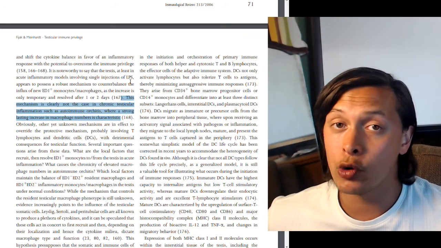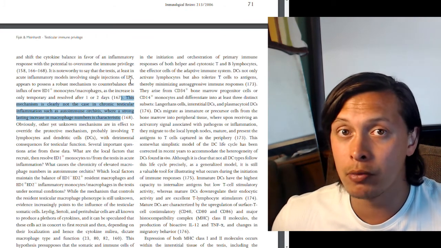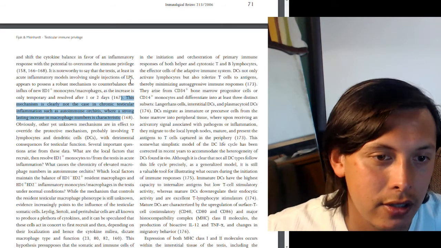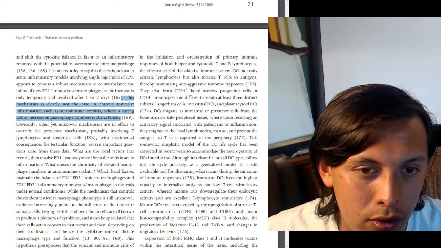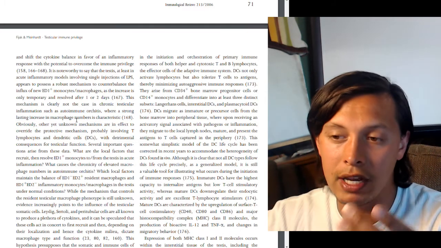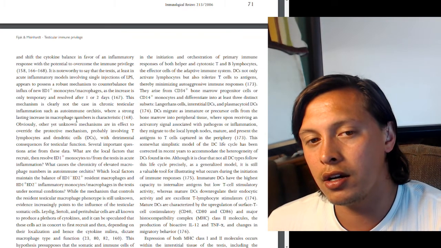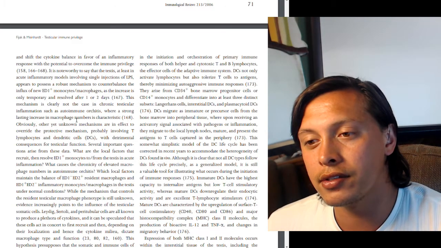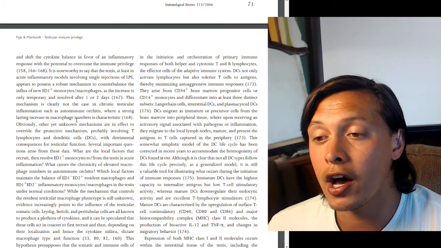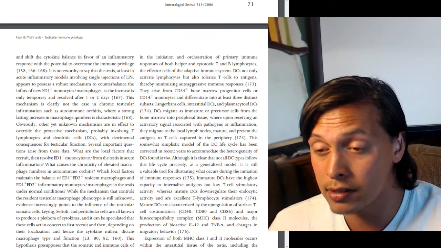But if you have an autoimmune response, or you have the experimental autoimmune orchitis, or oh gosh, I can't. Experimental autoimmune inflammation of the balls, then this is being completely overrun, and this autoimmune response is having a lasting effect on the testes.